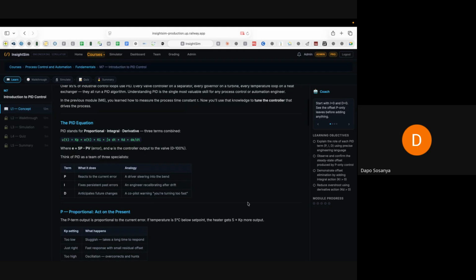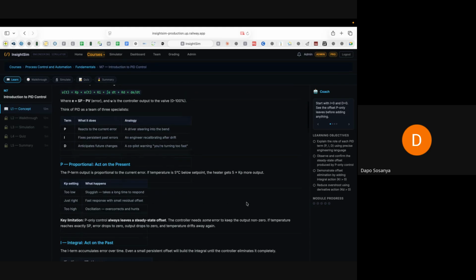So the terms. E is SP minus PV, which is the error, and U is the controller output to the valve, using the valve as an example now. So U is the controller output. It could be to the valve, it could be to the pump, it could be to the motor.